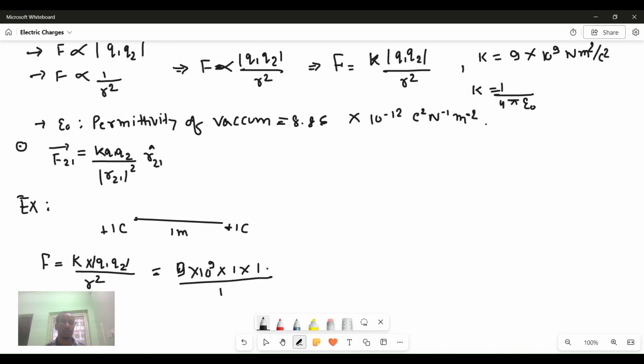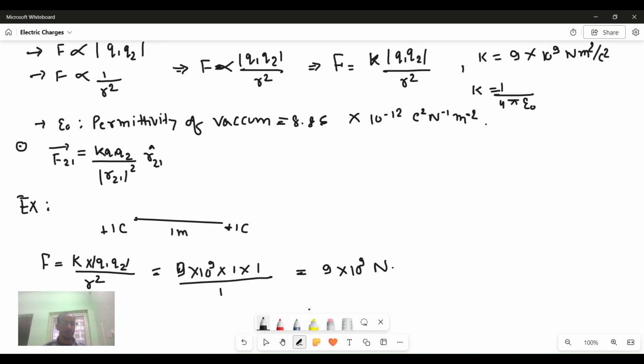So it equals 9 × 10^9 Newton. So here we observe that the force between charges of 1 coulomb each at a distance of 1 meter is 9 × 10^9 Newton.